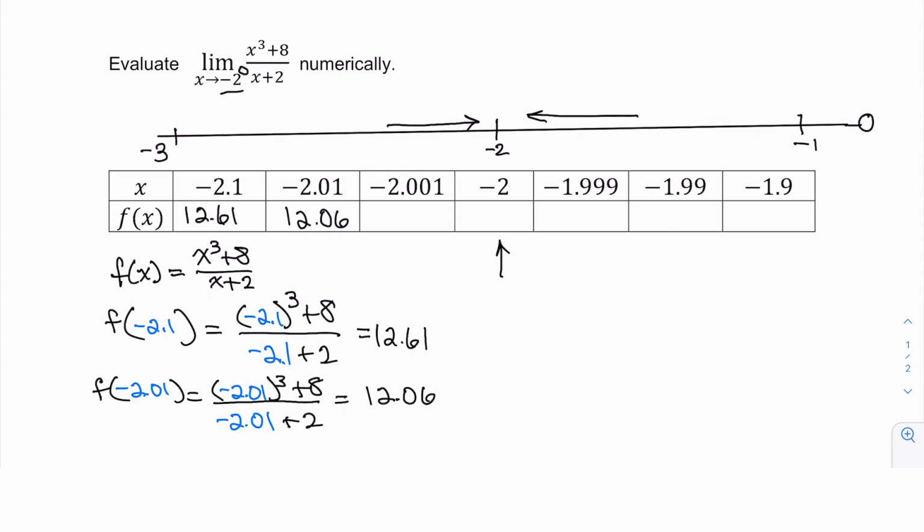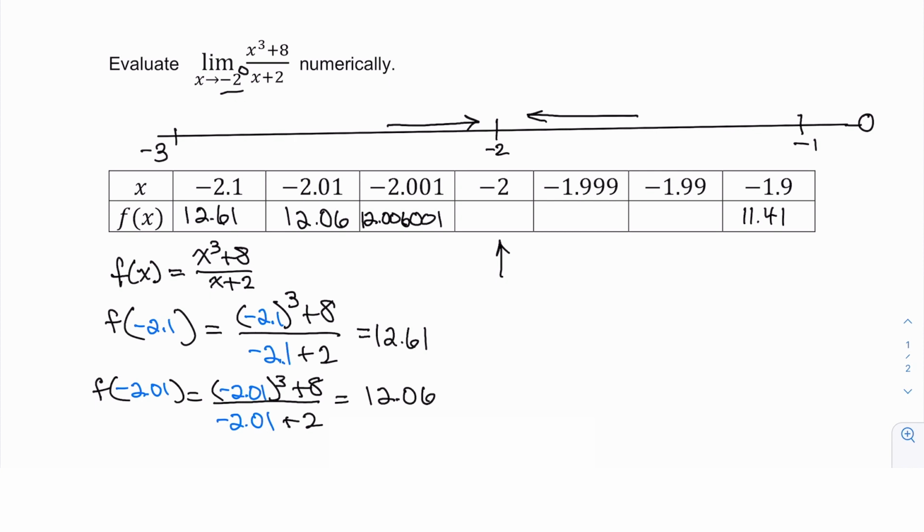Now we're going to continue on with that process for each of these values. So if we put -2.001 in for the x's in the function, we would get an output of 12.006001. And then coming from further away from the -2, coming from the right towards -2, plugging -1.9 through the function, I'll get 11.41.